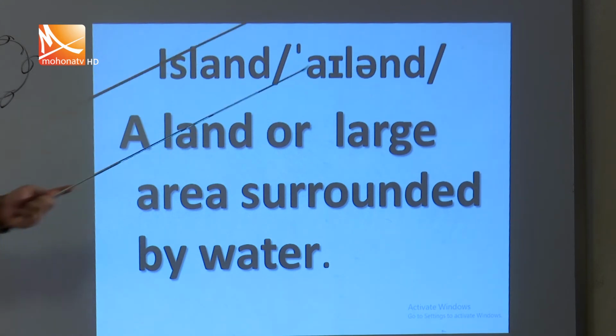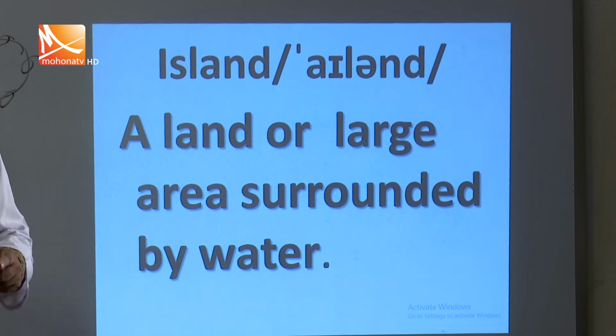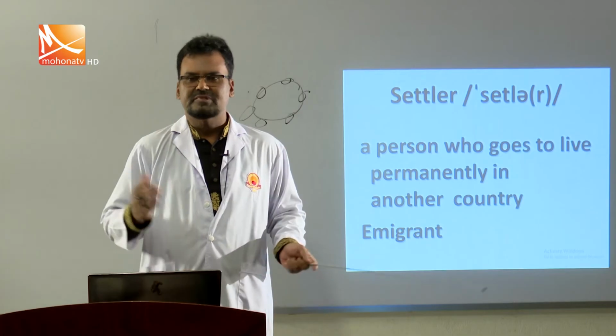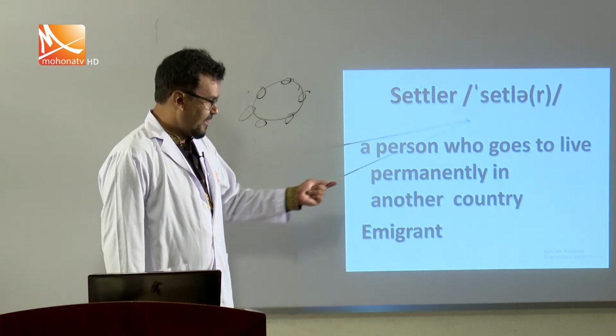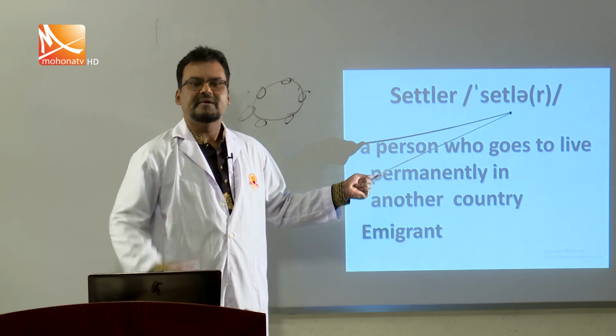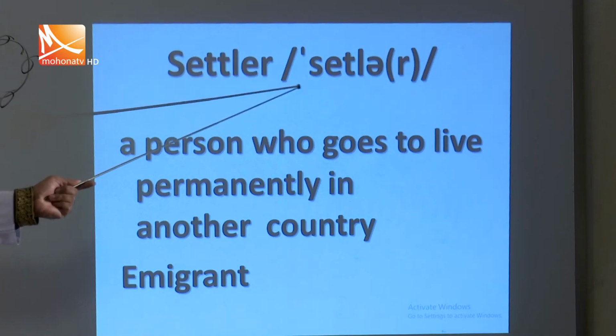So island, what is an island? A land or large area surrounded by water. We have Saint Martin, Shondip, Nizum, some islands we have in our country. Settler, repeat after me, settler.